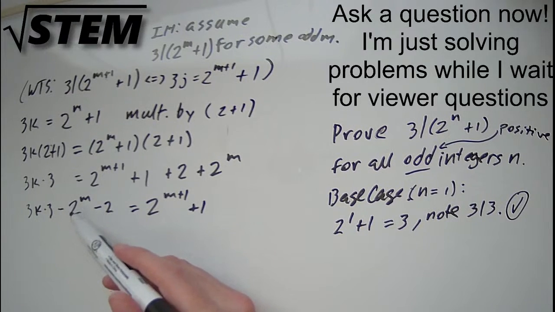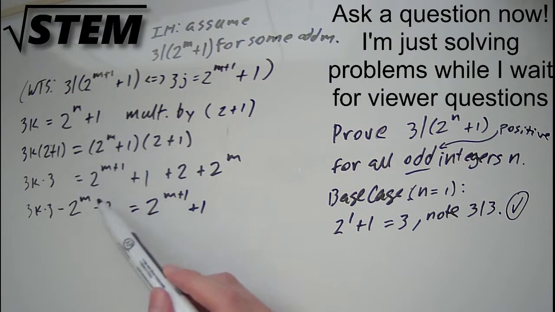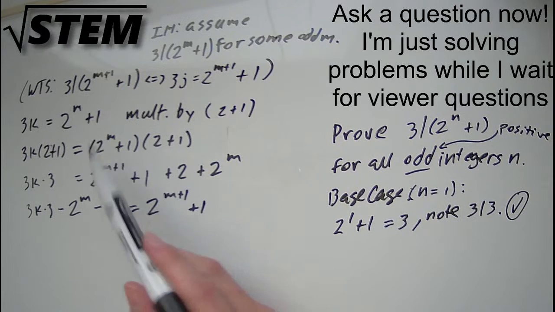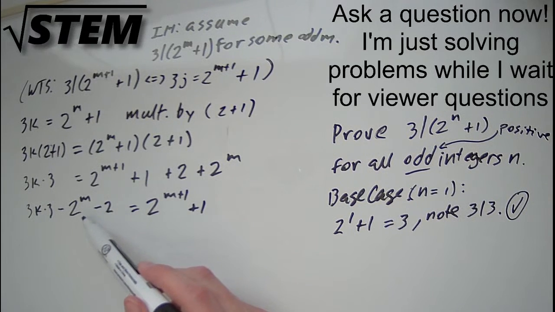We have a 2 to the m here. If we can somehow get a plus 1 there, we could say that it's 3 times the thing. Well, we could add a 0. So we could add and subtract 1 at the same time.